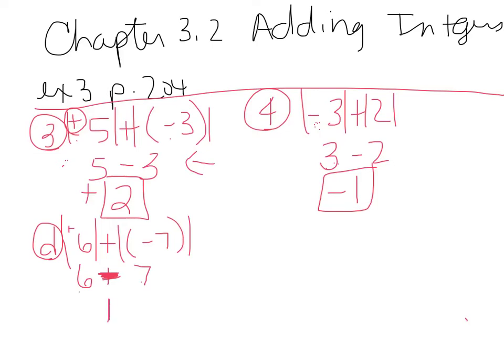Now you have to look at the larger absolute value, which is 7, and the sign of it is negative 7, so it is negative 1. A story like this would be like, I have $6, and I just spent $7, so now I'm in the hole $1.